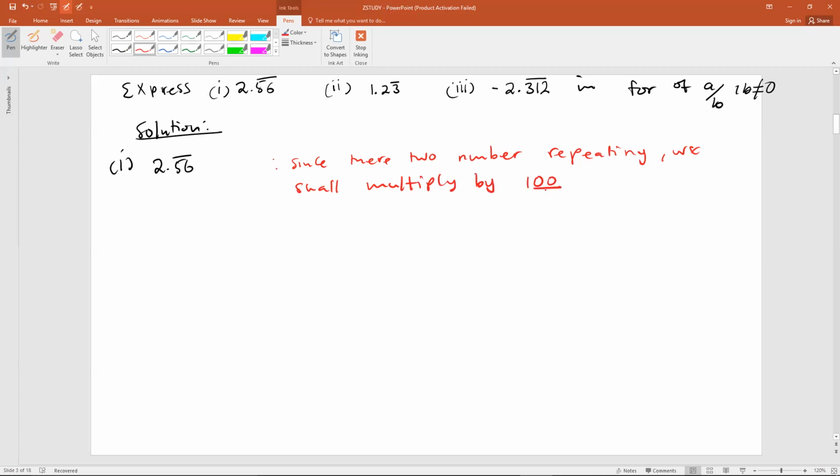Because of 2 repeating numbers, we are going to multiply by 100 when we start working. So now your working should start like this. Let x be equal to 2.56 with a bar.